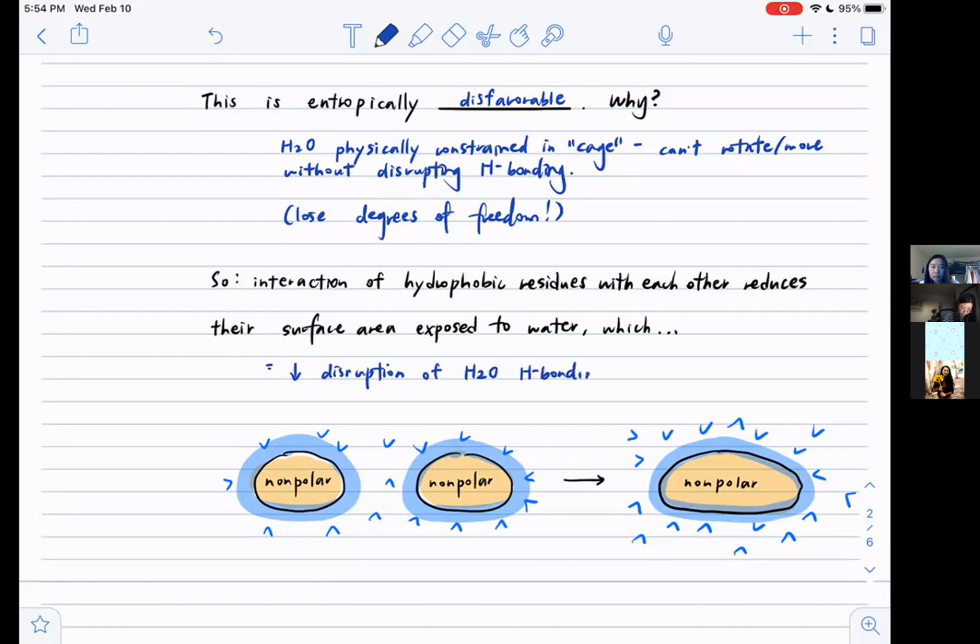And this in turn increases the entropy of the water. And of course, you know that increasing entropy is favorable.